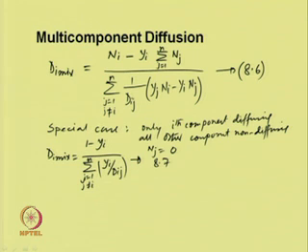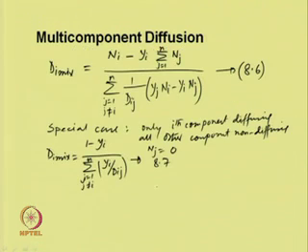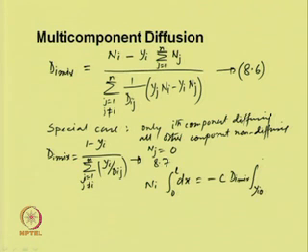Now, if we take this equation number 8.5 and the diffusion path length is L, then we can integrate this equation. So, we will have N_i integral 0 to L dx will be equal to minus C D_i mix integral y_i0 to y_iL dy_i divided by 1 minus y_i.